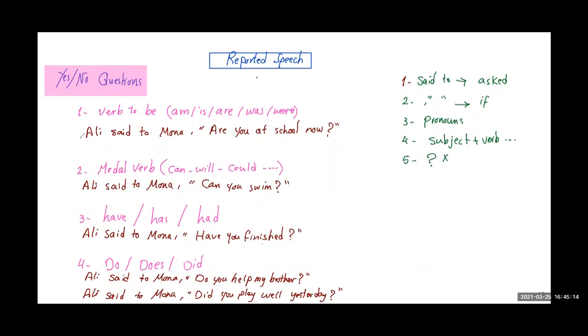Number one, Ali said to Mona, are you at school now? Who can answer this question? Noor.